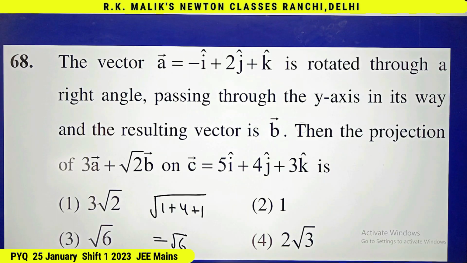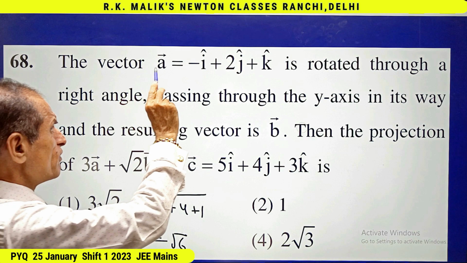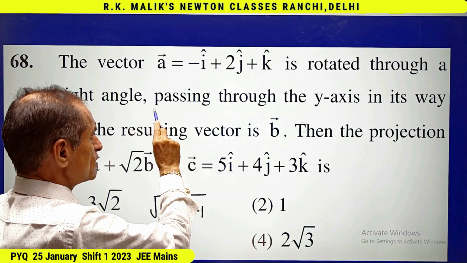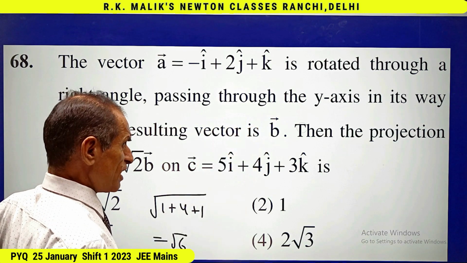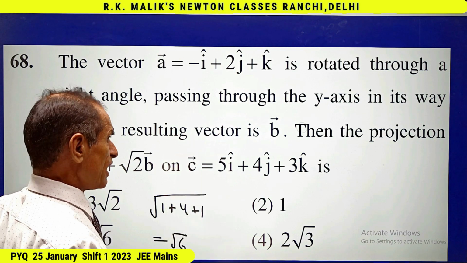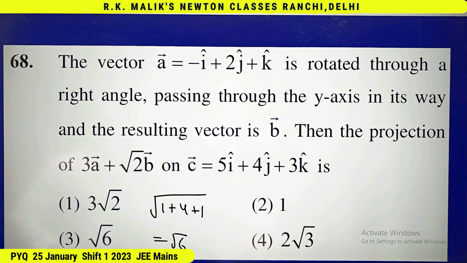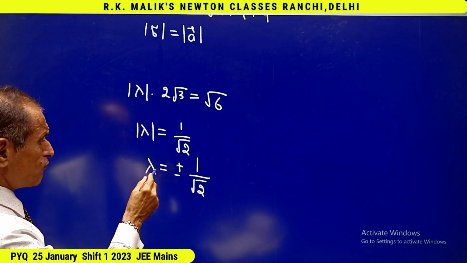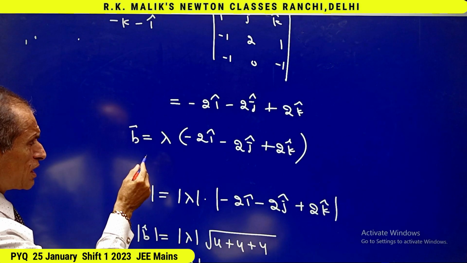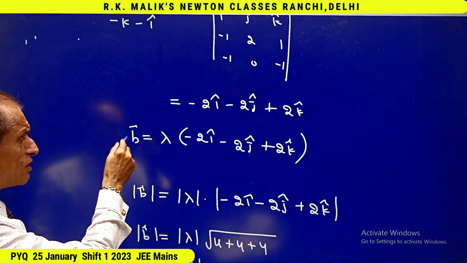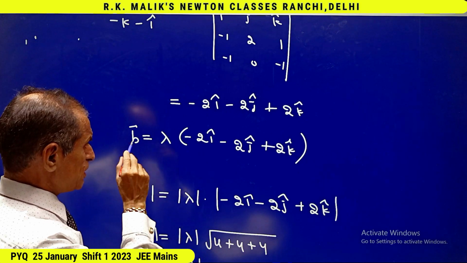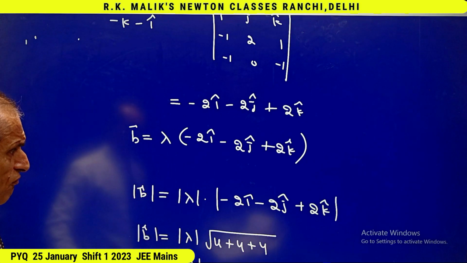Note that it was given that the vector is rotated through a right angle, and while rotating it is passing through the y-axis also. It clearly means that the vector B is making an acute angle with the y-axis. And because by taking the value of lambda plus minus 1 by root 2, I'll be getting two values of B vector, I will be taking that value of B vector in which the coefficient of j is positive, because the vector B is making an acute angle with the y-axis.